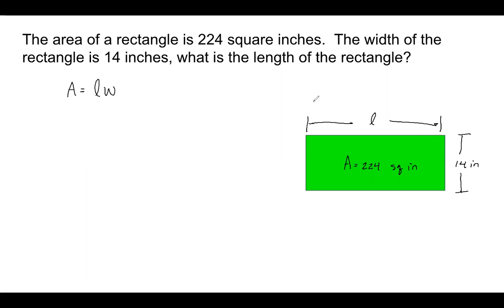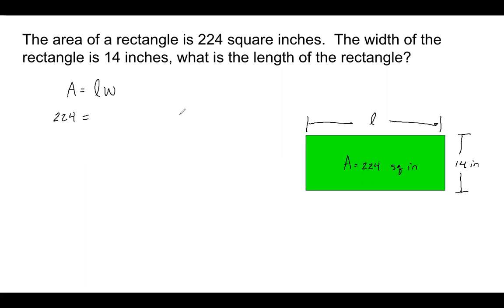So the beauty of this is that the formula is going to tell us what math we need to do. If the area is 224 square inches, we can substitute 224 for A. So we take the A out and we replace it with 224 because they're the same thing.